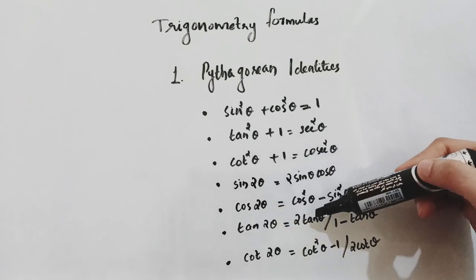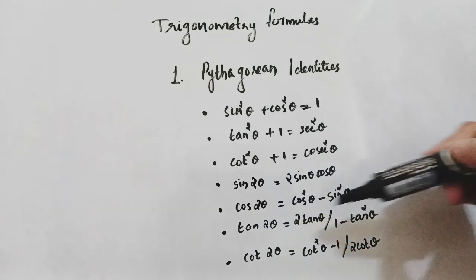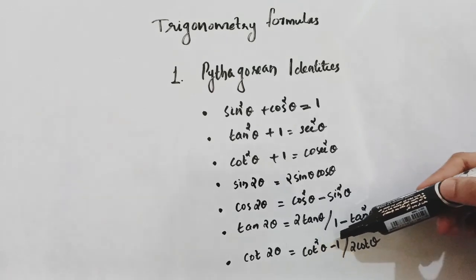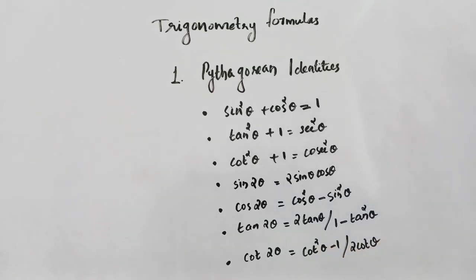Tan 2 theta equal to 2 tan theta by 1 minus tan square theta. Cot 2 theta equal to cot square theta minus 1 by 2 cot theta. Okay. If we learn these identities by heart, we can easily solve the problems related to trigonometry.